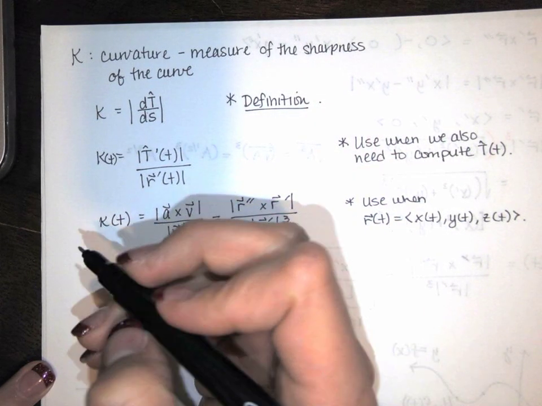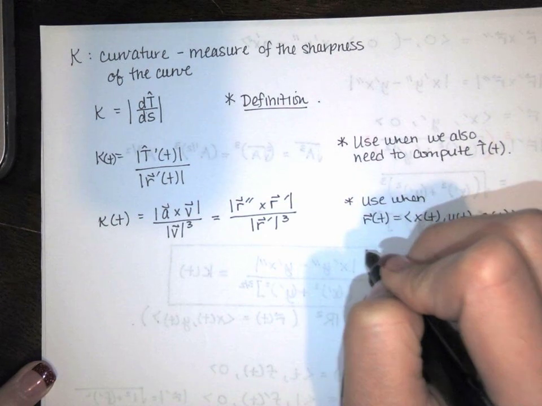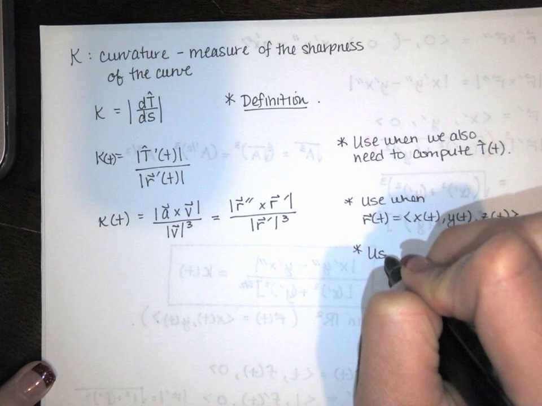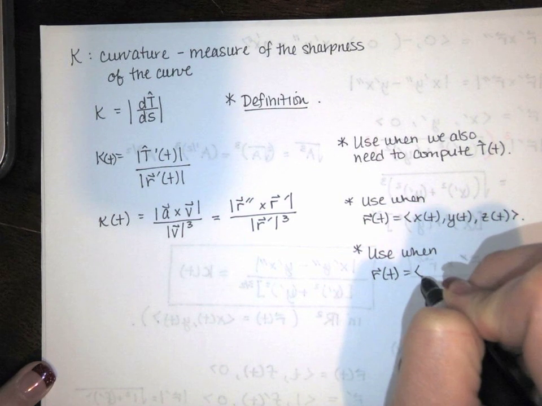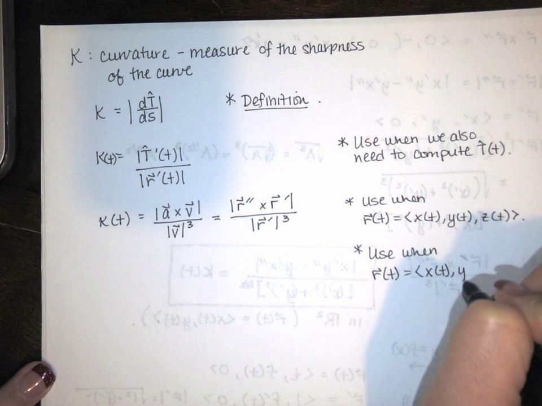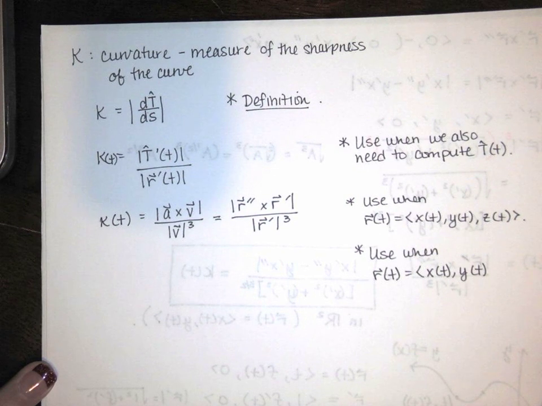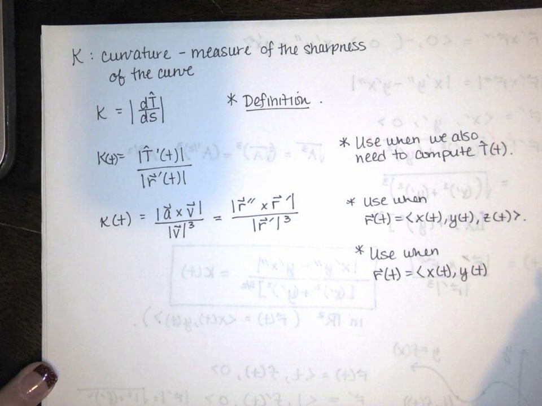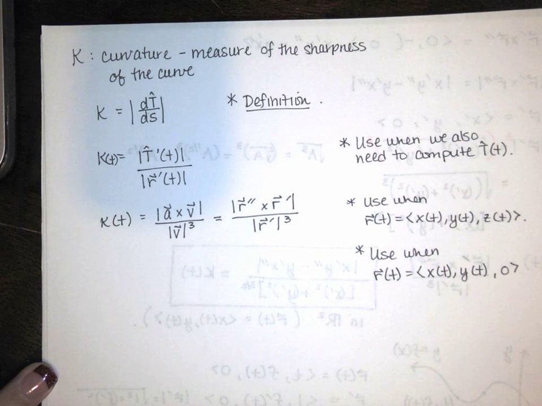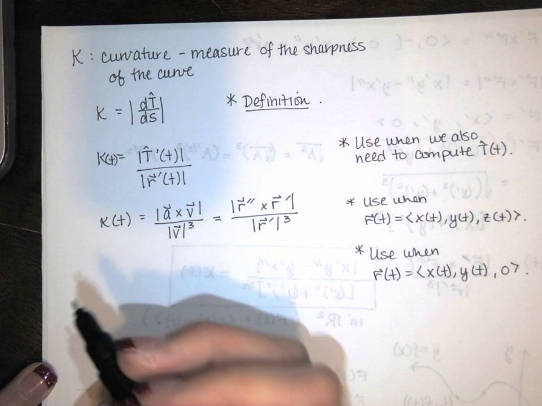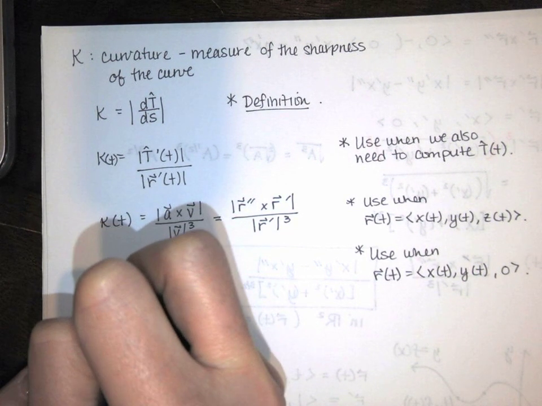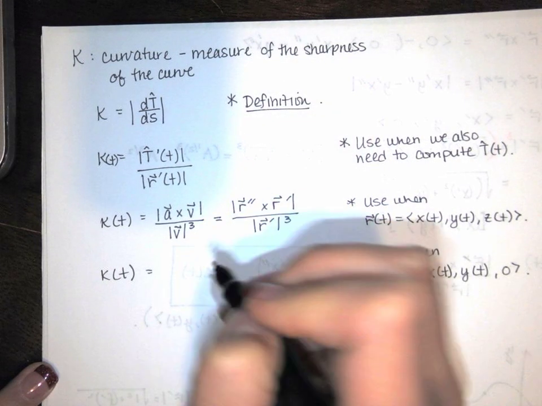Now, if you are in R2, so r has components x of t and y of t, I can think of that as a space curve with a z component of 0. If I use this in this formula, I'm able to derive this version of the curvature formula.